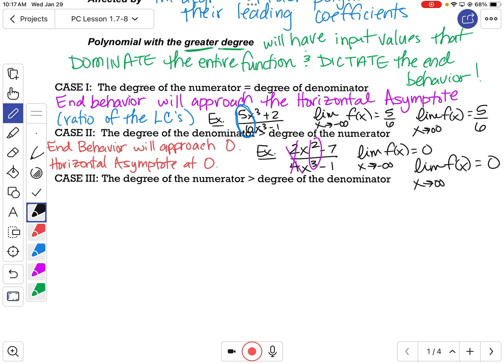Okay, all right. So if our two degrees can be equal, the bottom can be bigger than the top. Guess what? The top can be bigger than the bottom. Those are our three things that could happen.